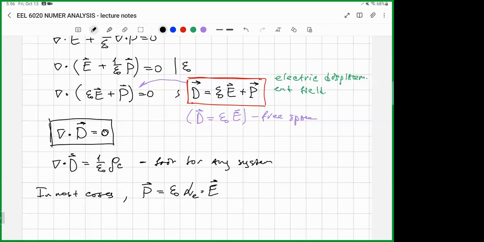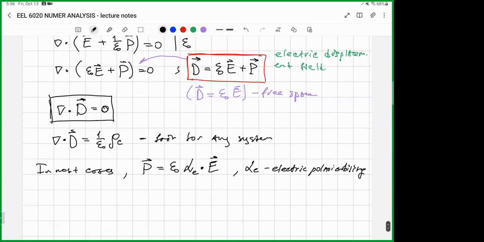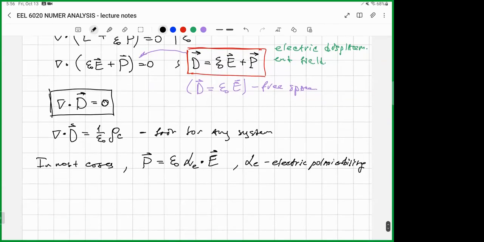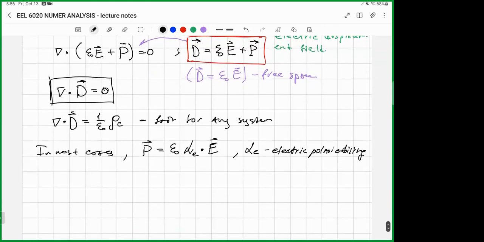This alpha E is known as electric polarizability. This electric polarizability is not a function of electric field, right?